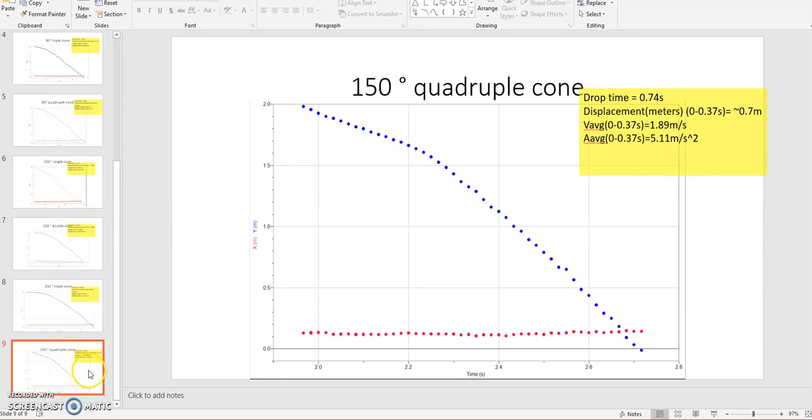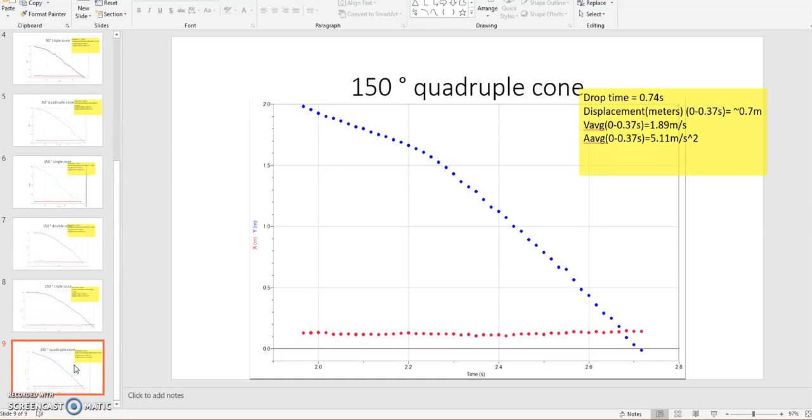However, for our 150-degree quadruple cones, we have our fastest drop time of 1.74 seconds, displacement of 0.7 meters over a half drop time, average velocity of 1.89 meters per second, and average acceleration of 5.11 meters per second squared.